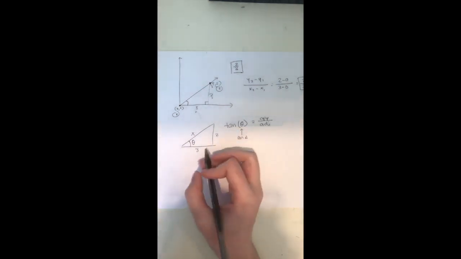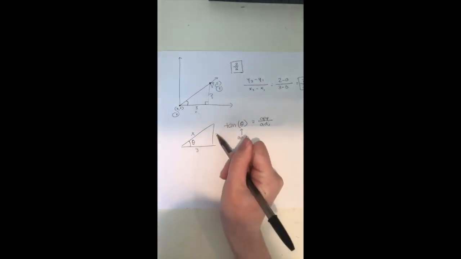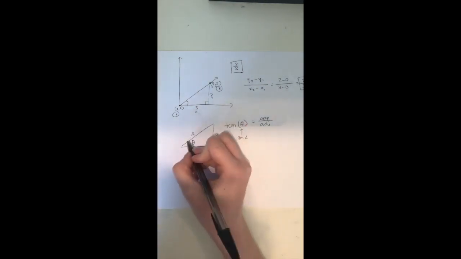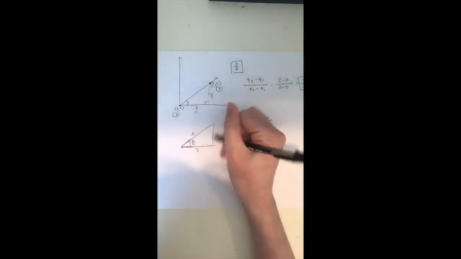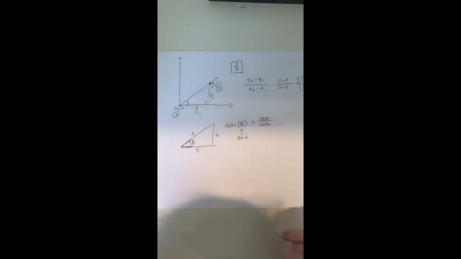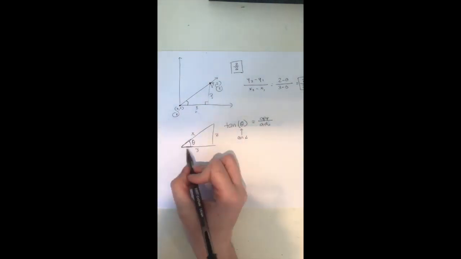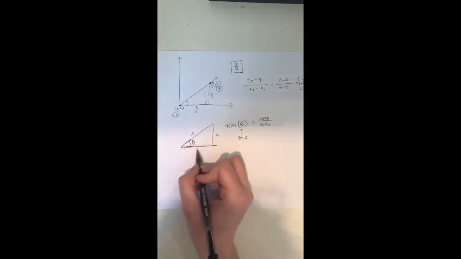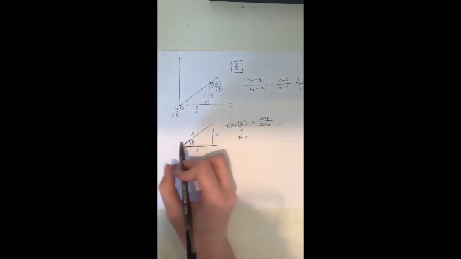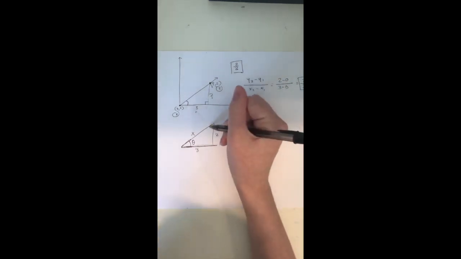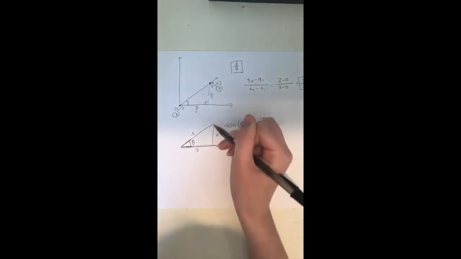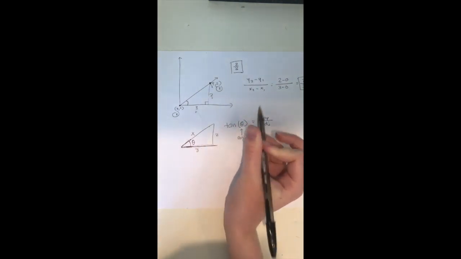So that would mean that 2 is your opposite side, because it's not touching your angle at all, because your angle is right here and this side length's not even close. And your adjacent is going to be your other side that is actually touching the angle. So if you had an angle up here, for example, your adjacent would be this 2 and your opposite would be this 3.